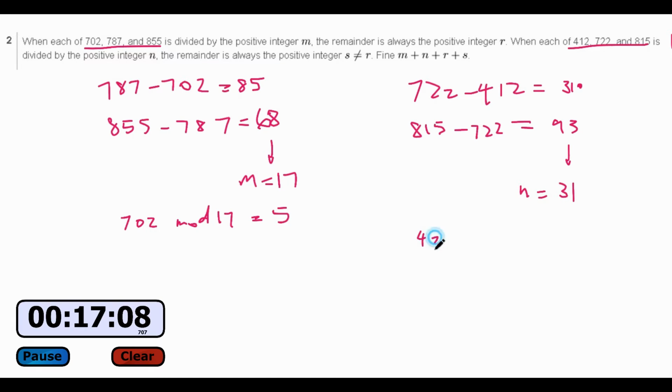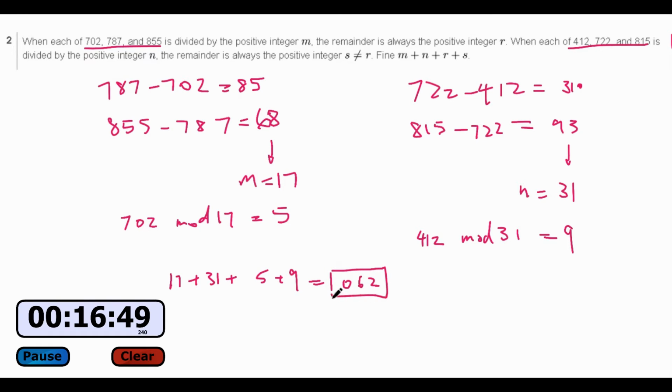And we can find the remainder by taking any of the numbers mod 31 to get 9. So our final answer is 17 plus 31 plus 5 plus 9, which is equal to 62. And that is our answer.